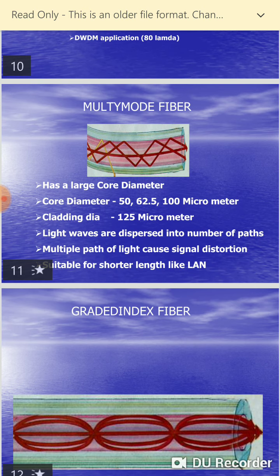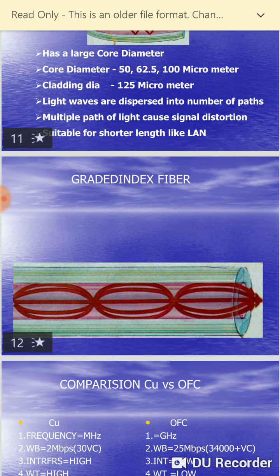Then the next type of fiber is multimode graded index fiber. In graded index fiber, the refractive index of the core is not constant. It is maximum at the center and it goes on reducing as the radial distance increases from the core axis.